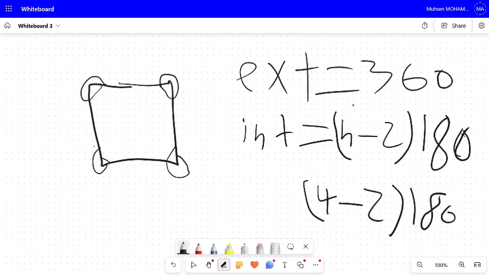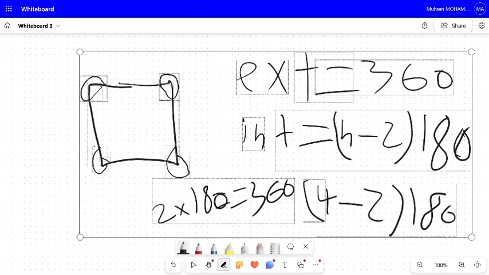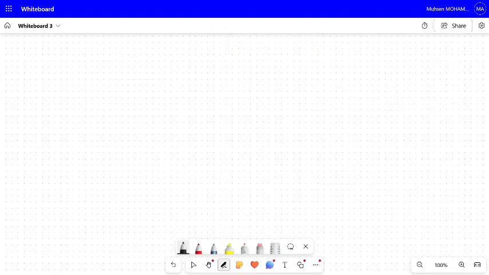This means 2 times 180 equals 360. This means that the sum of the interior angles in this shape is equal to 360. And this works on every other shape, every polygon.